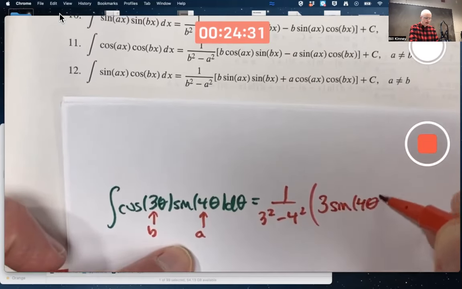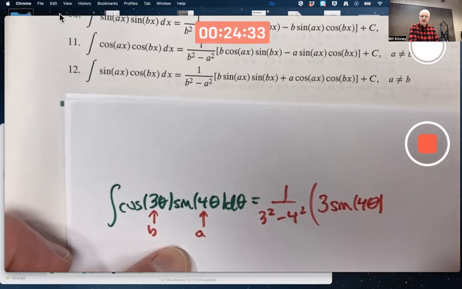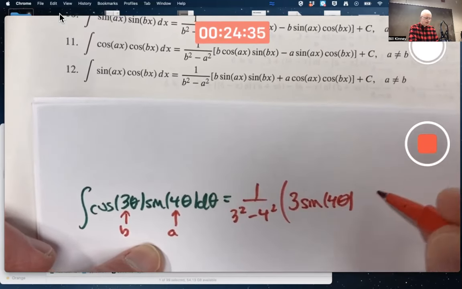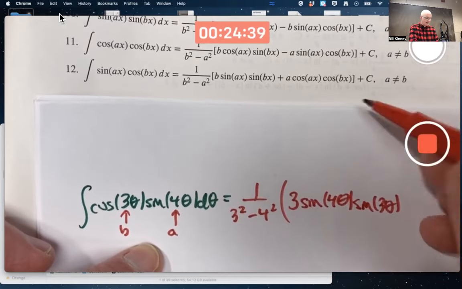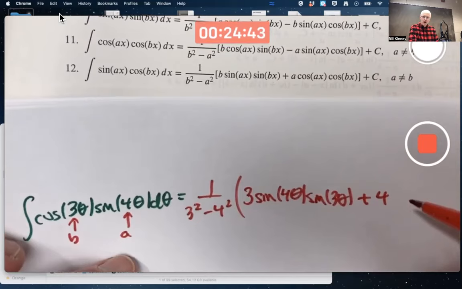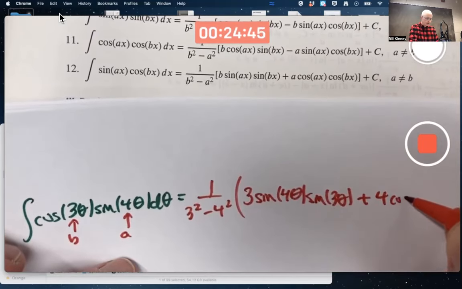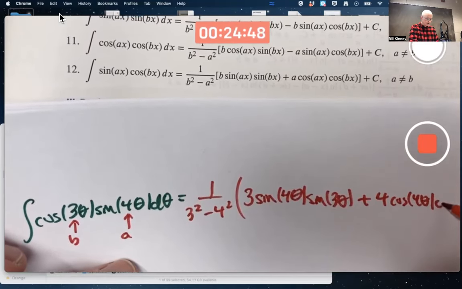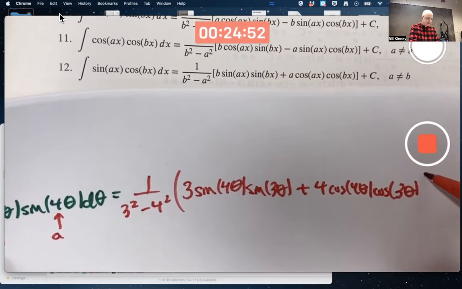I'm going to go back to theta like I'm doing here instead of x. Sine 4 theta, sine 3 theta, and then plus a, which is 4, cos 4 theta, cos 3 theta. And then don't forget your plus c at the end.